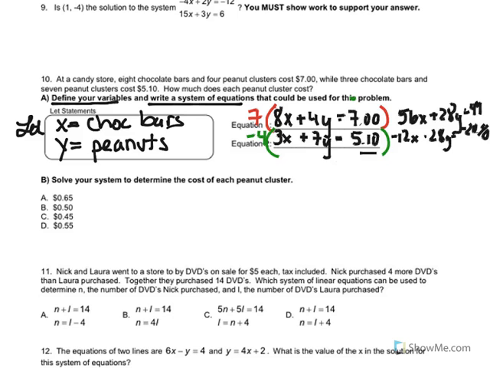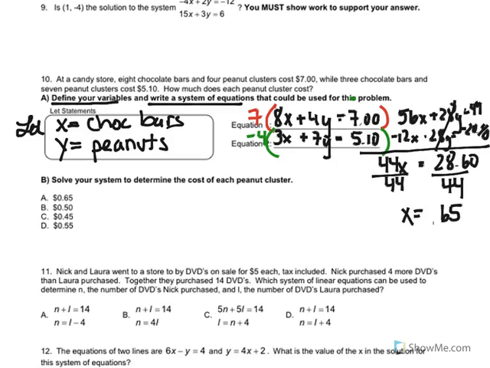Okay, now let's combine the two equations. 56x minus 12x gives you 44x. The 28s cancel out. And then $49 minus $20.40 gives you $28.60. Divide by 44. And x equals 65 cents.